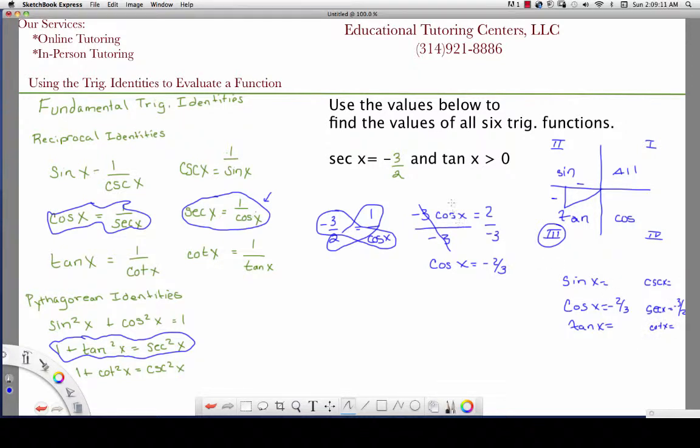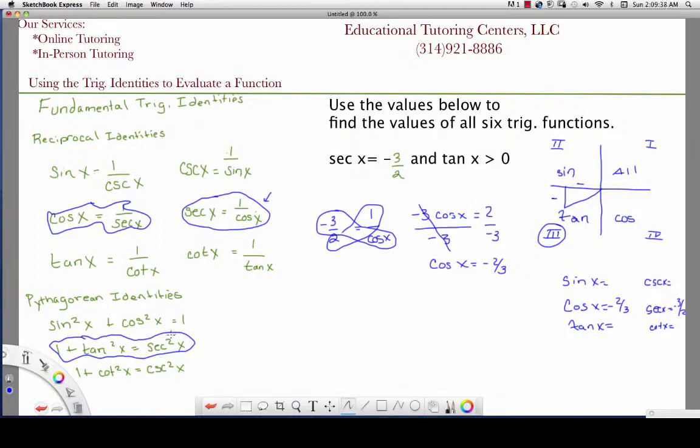Okay, so we have the cosine and we have the secant. So I can now take that secant value and plug it in here in this Pythagorean identity and solve for tangent, or I could take the cosine here and solve for the sine. I think what I'll do is actually just both.